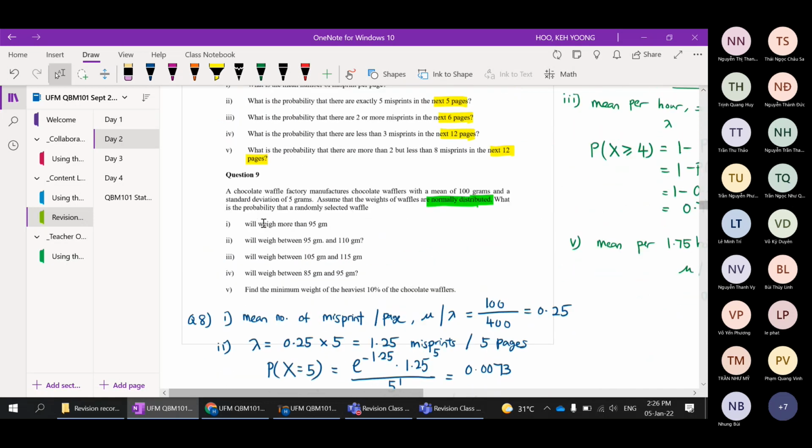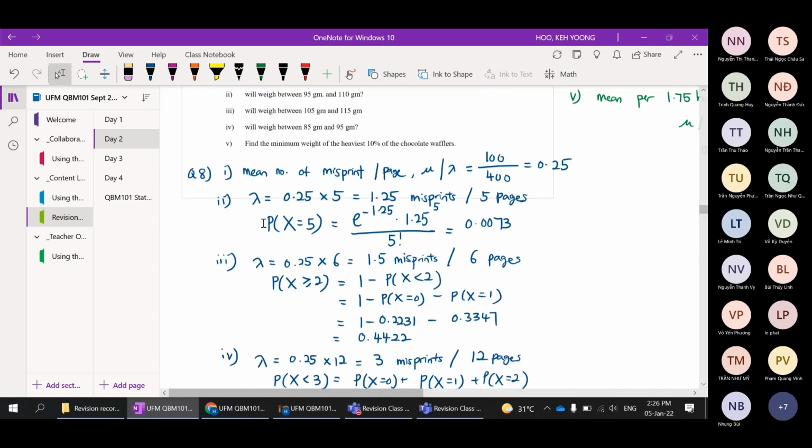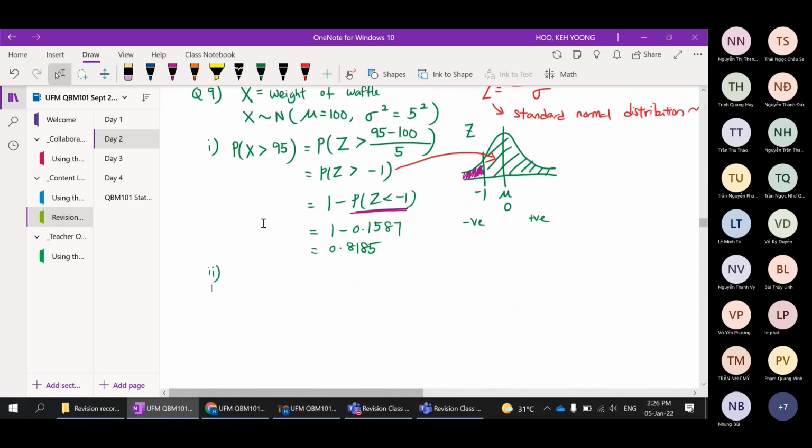Second question. The weight is between 95 and 110. Sometimes you may have the x value between two values, 95 and 110. What you do is the same as the first question.